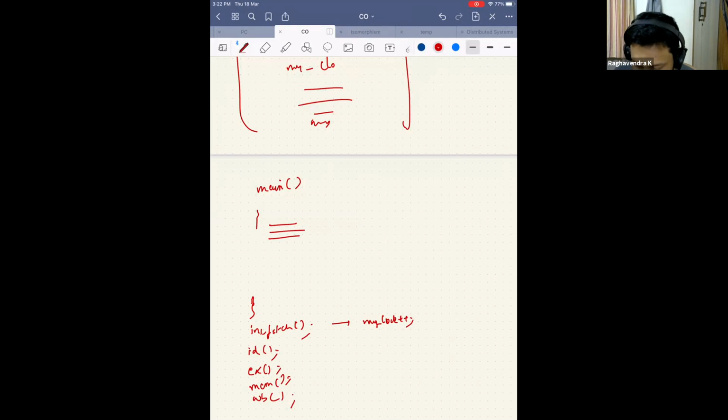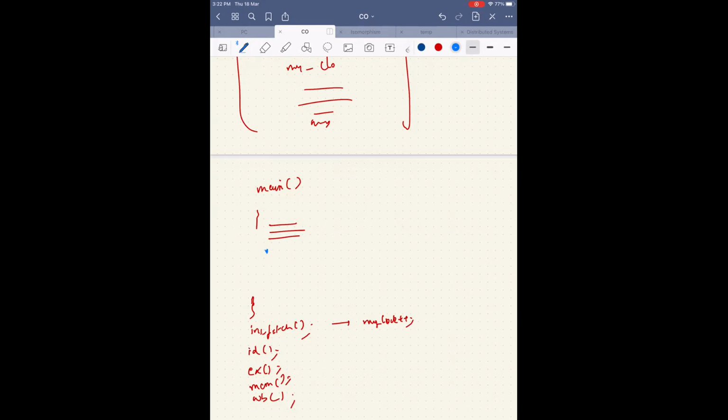And then what is the next construct that I will write here? A while loop where we will call instruction fetch.